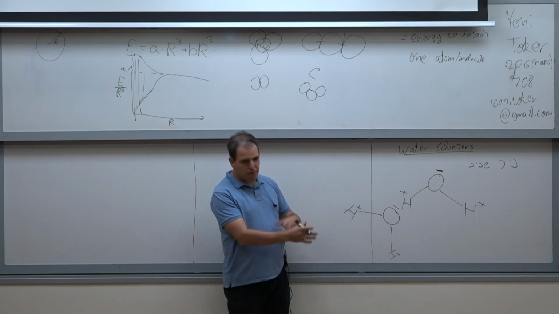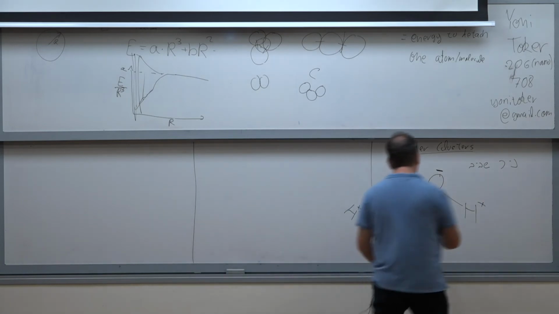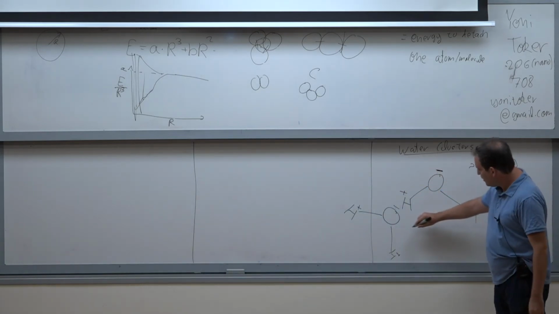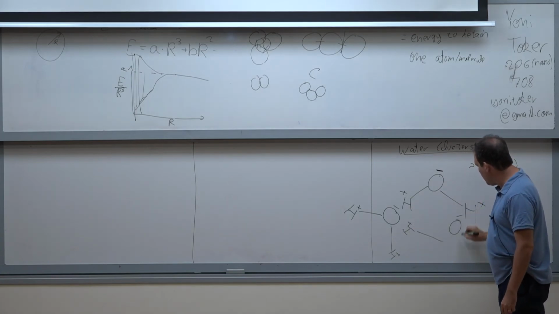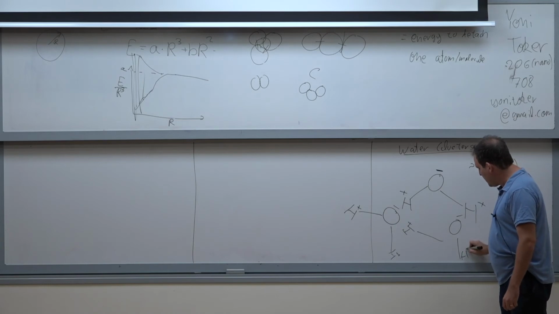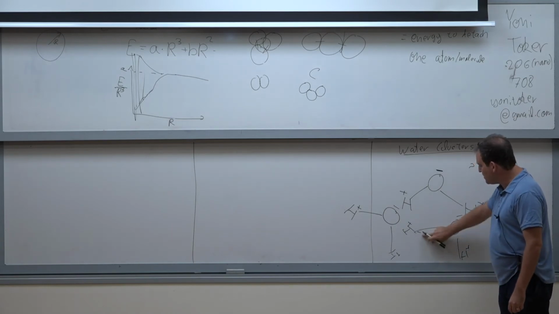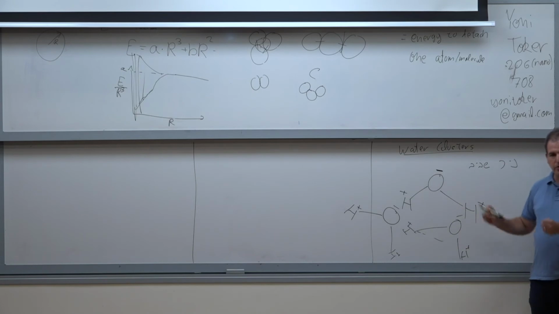And then you start forming networks. So you have another water molecule whose O minus is here, and H plus goes like this, and you try to form chains with a maximum number of connections.